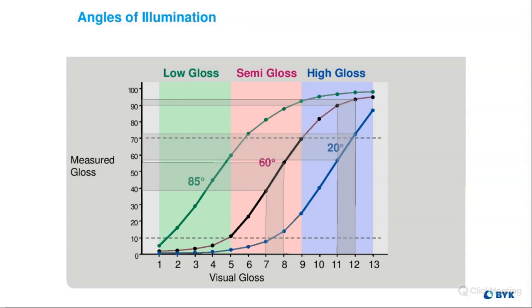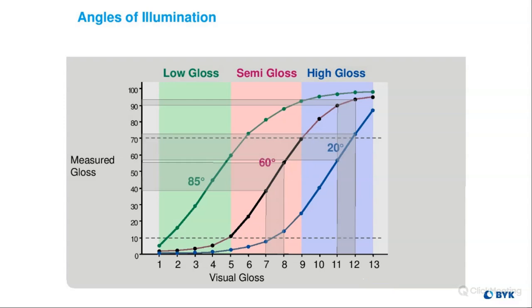Across the y-axis, we see the measured value. So we're measuring with the 85, the 60, and the 20-degree angles, and the measured values are on the y-axis. And then we see the actual graph itself broken off into 3 categories. So we have our low gloss, our semi-gloss, and our high gloss region. And that corresponds to our visual samples.